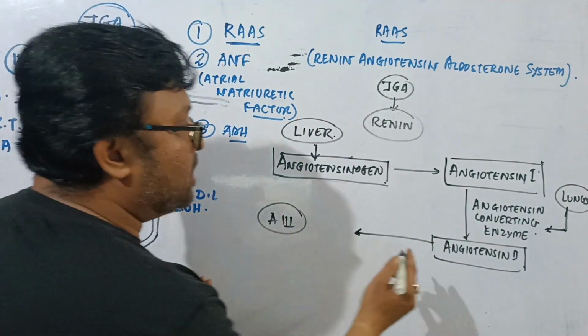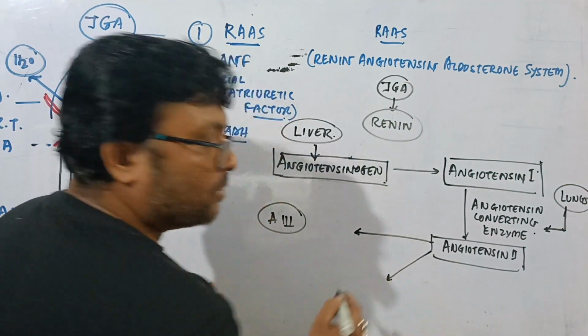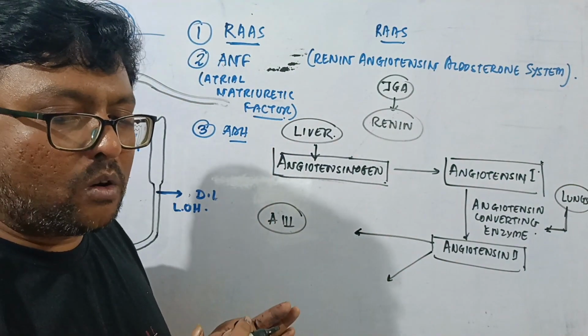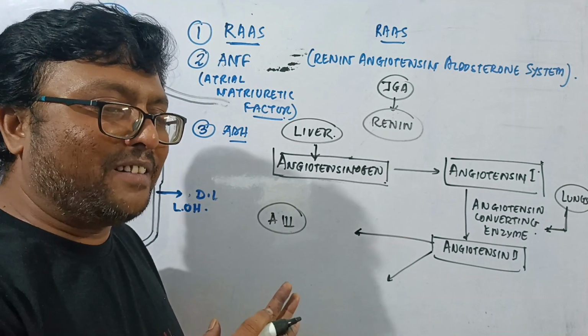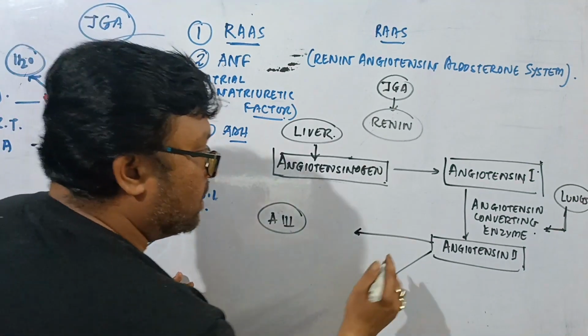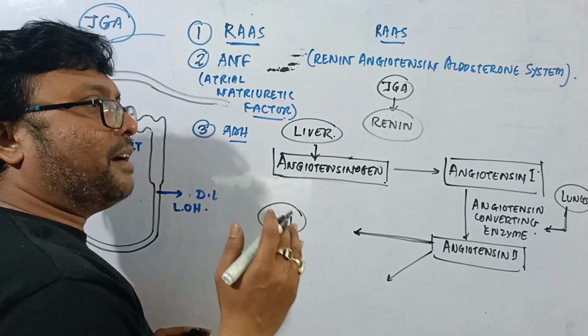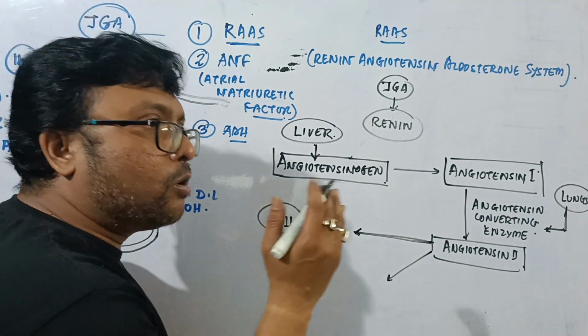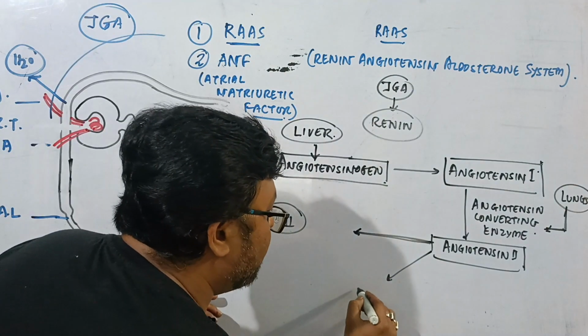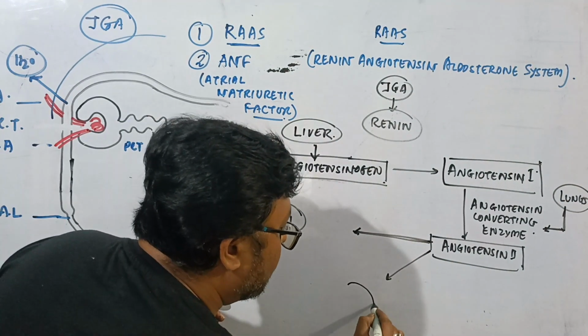We will see that this angiotensin 2 exerts an effect on the kidney as well as on the adrenal cortex. Okay? Now I hope you all know that adrenal is a gland which is also known as suprarenal gland. If I draw a kidney, let me draw a kidney.